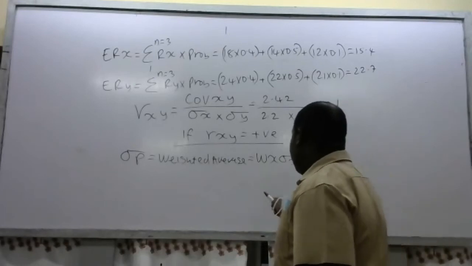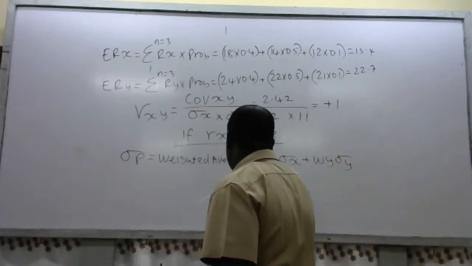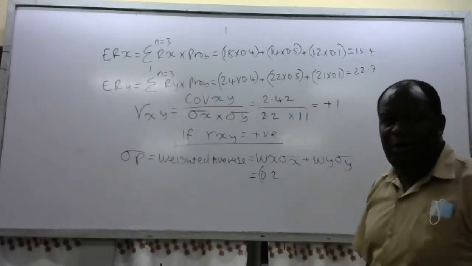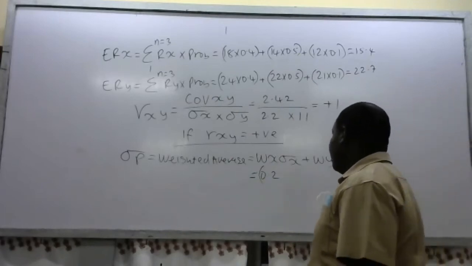The weight for X was 0.2. That was 200,000 divided by 1 million.